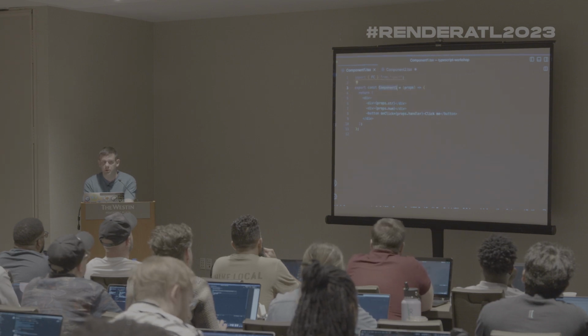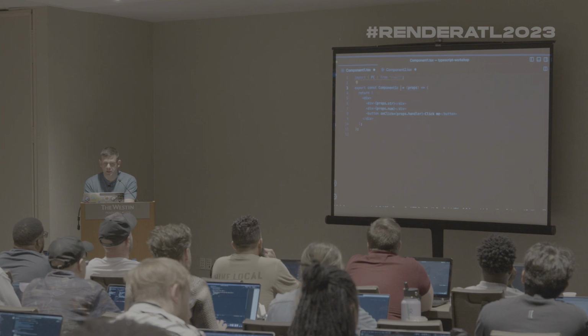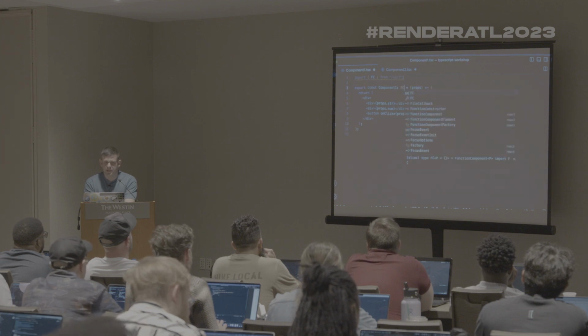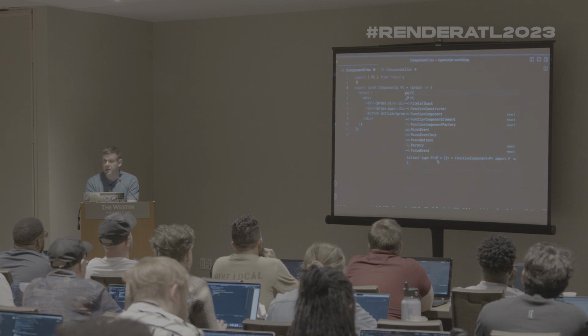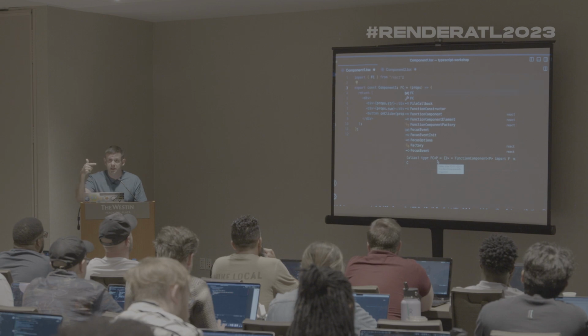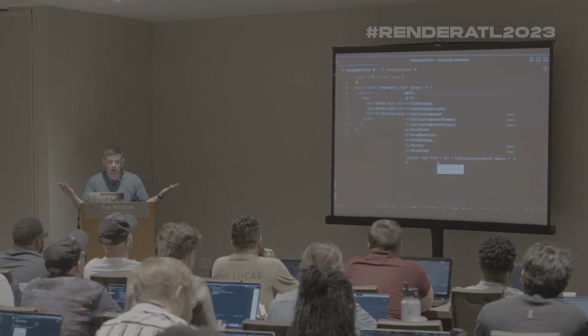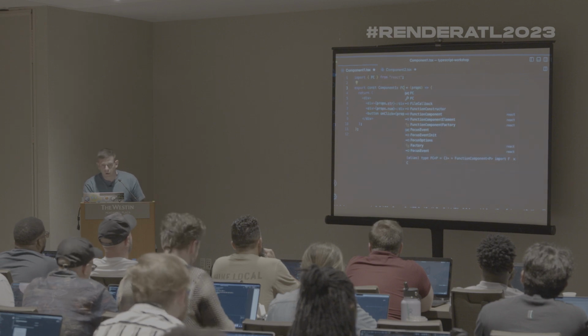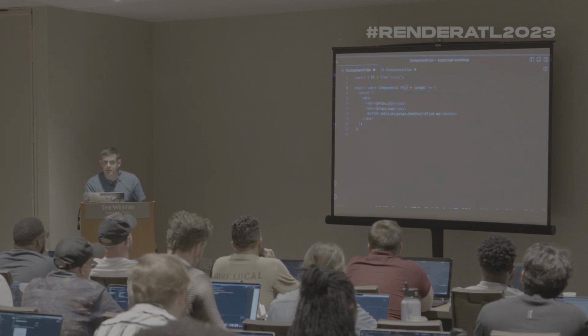So like before, I can just annotate this function as FC. And FC is a generic type. It takes a prop of P. Remember I told you single variable names? This is the actual TypeScript typings for React, and it uses P. Anybody want to guess what P is for? Props.